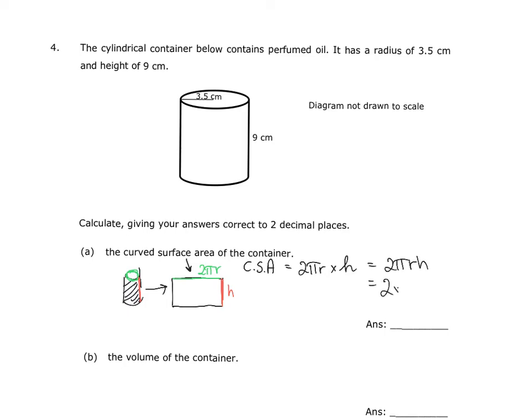So 2 times pi times r, where r is the radius, and the radius is this one over here. Radius is 3.5, also given there. And the height is this one over here, also given there. And then just use a calculator.